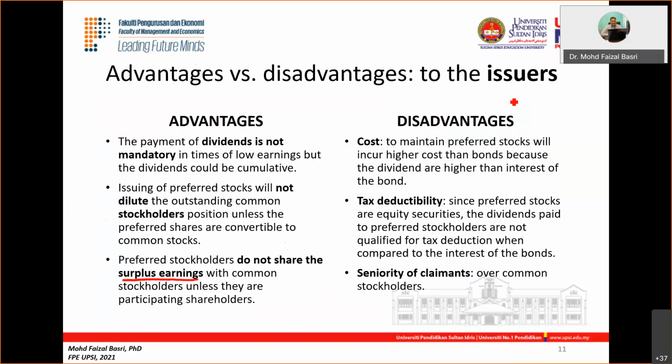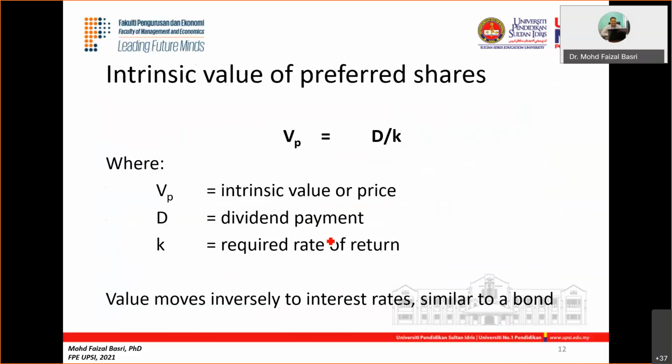Disadvantage for issuers, the cost is slightly expensive. There's no tax deductibility. For bond, yes, they have tax deductibility, but for preferred, the dividend payments are not tax deductible.